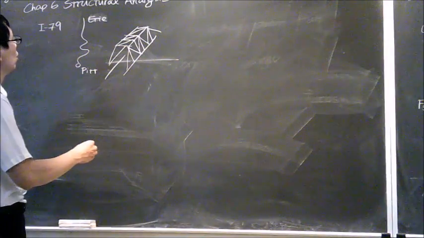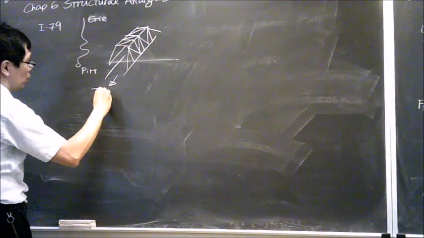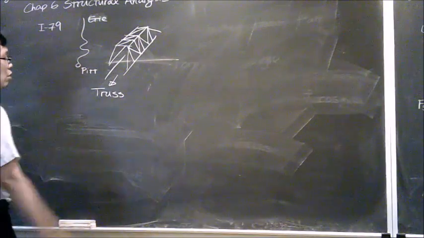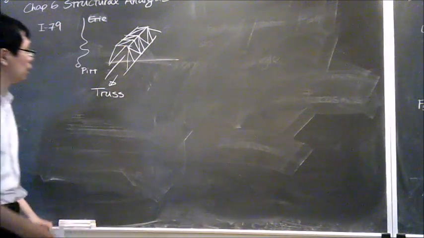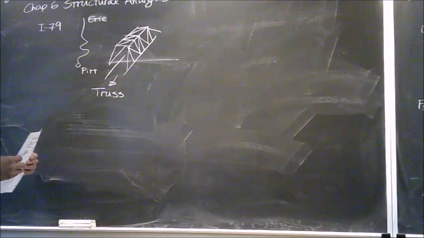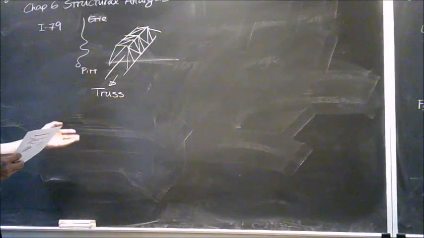That is something we're going to talk about in this chapter, and this kind of structure we call a truss. We're going to talk about how we analyze those things and how we use the methods we learned in the previous 2 chapters to analyze everything we have here.